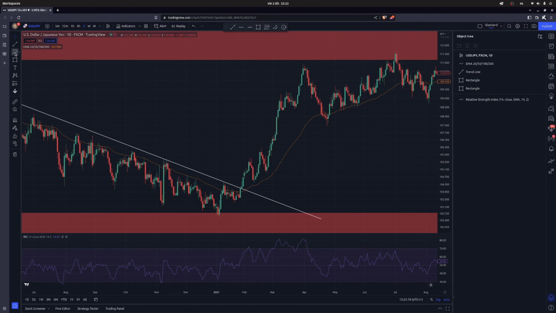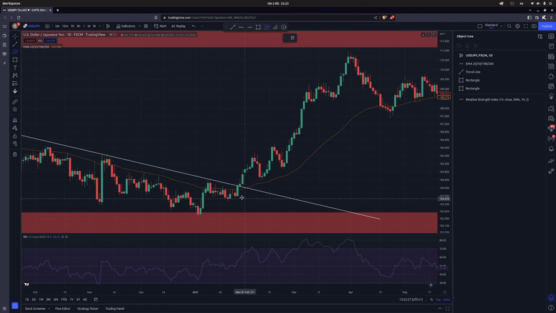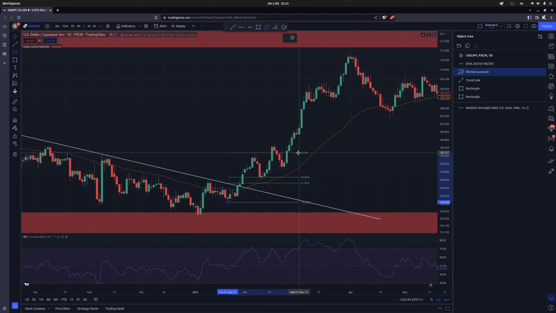And if we take the Fibonacci retracement tool and draw the line here at the swing low up to the point where the structure broke and got rejected, we see that we got a pullback of price inside of the 50 and 61.8 value levels of the Fibonacci retracement tool, and we got a rejection here.